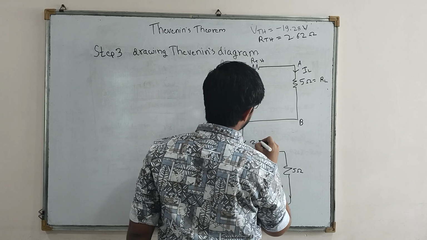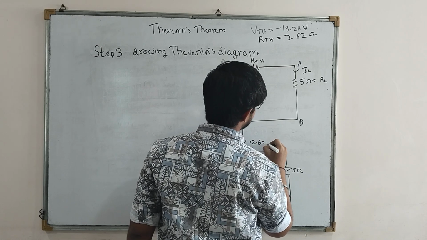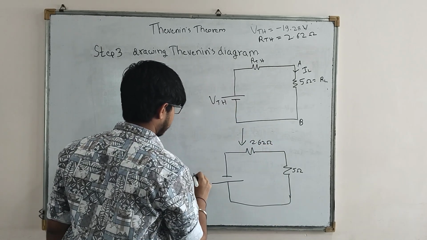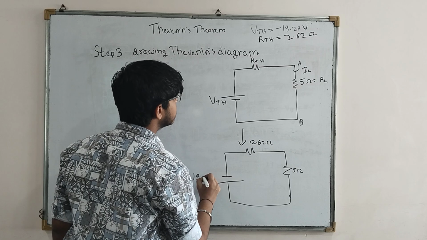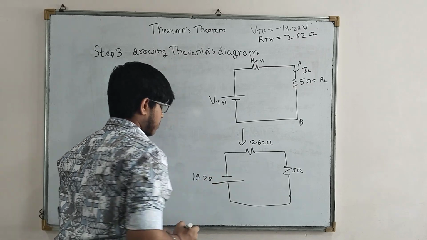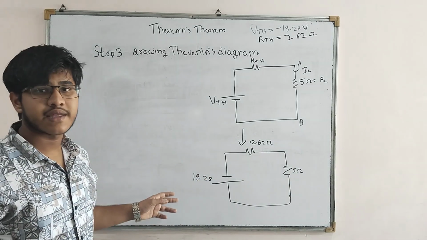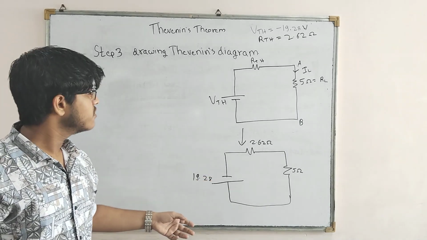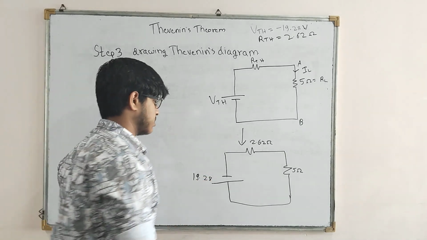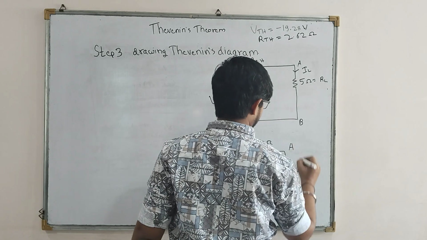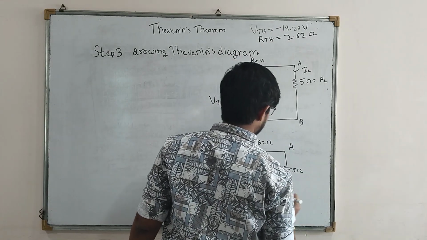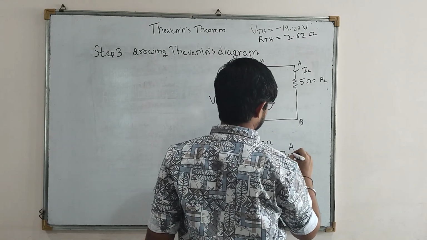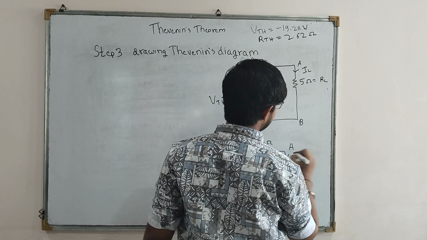This is my 2.62 ohm. This was my 19.28. Now why didn't I write a minus sign here? The reason was that I just flipped the direction of our EMF source. This was again my A and this was again my B. And this was our conventionally taken IL.